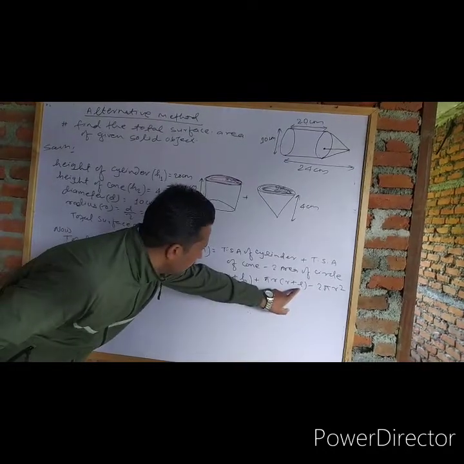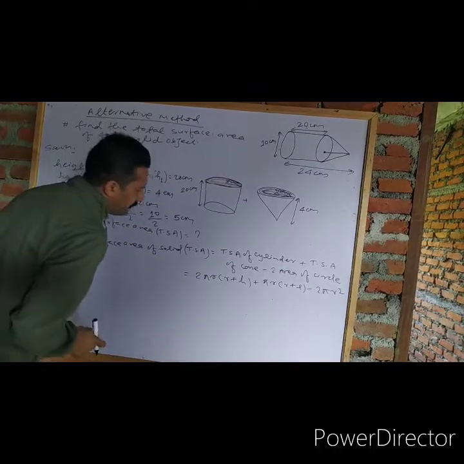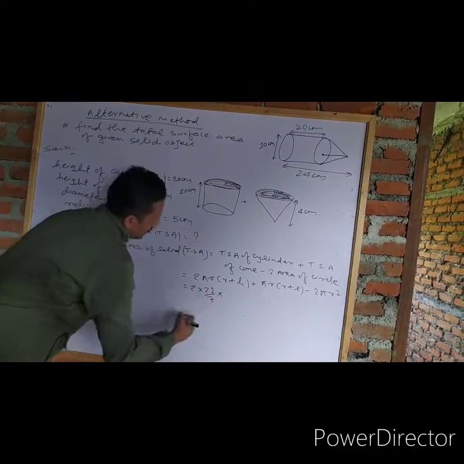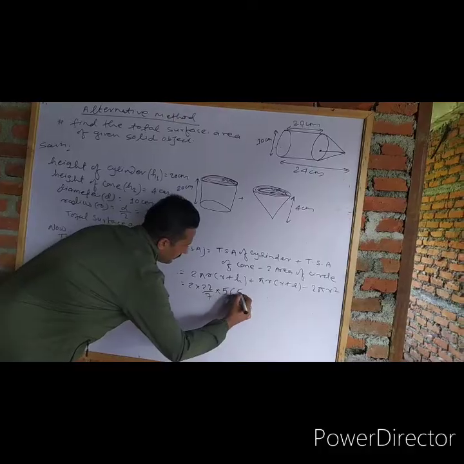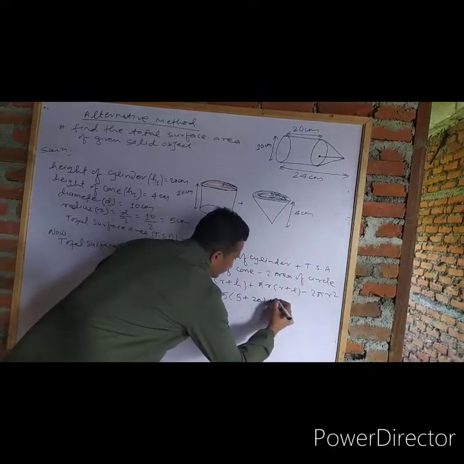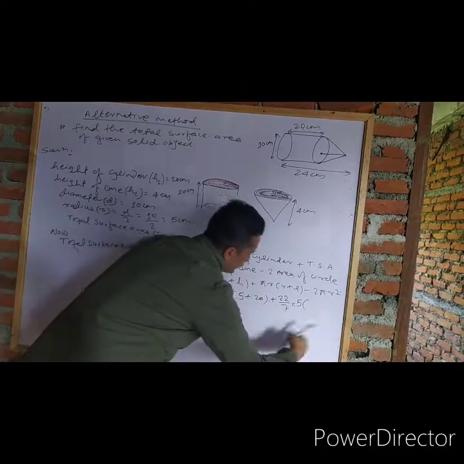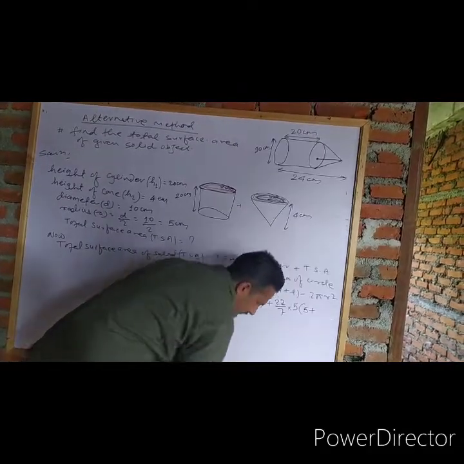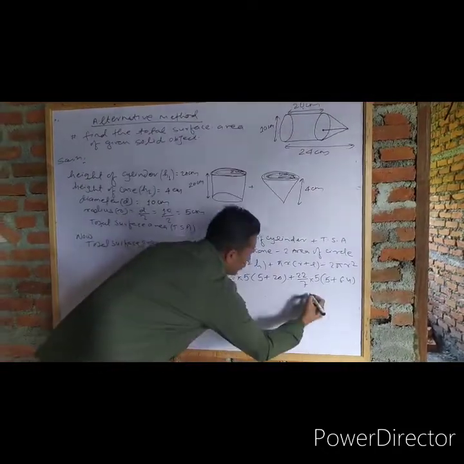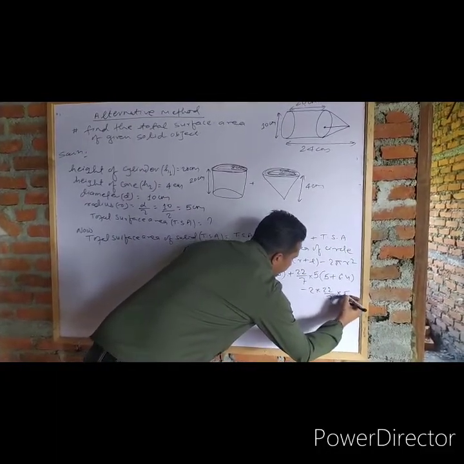We already solved the value of L, the slant height of cone. 2 into 22 by 7 into 5, plus height of cylinder 20, plus pi 22 by 7 into 5, plus 6.4, minus 2 into 22 by 7 into 5 square.